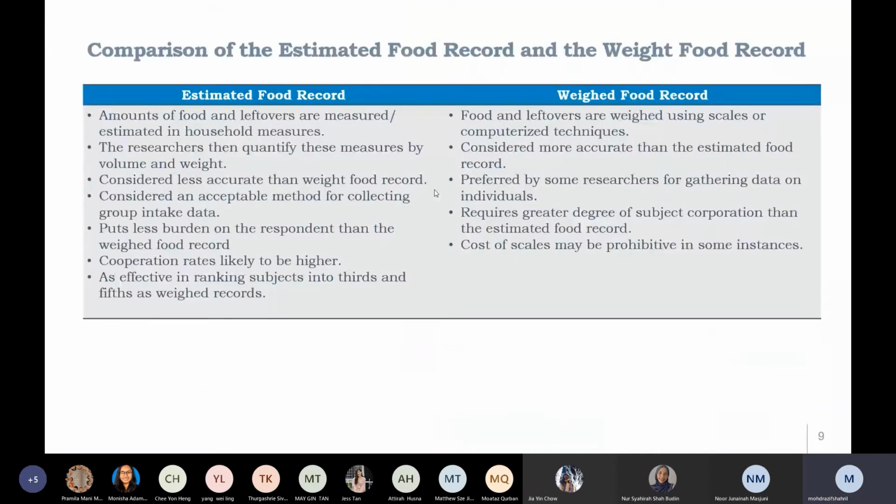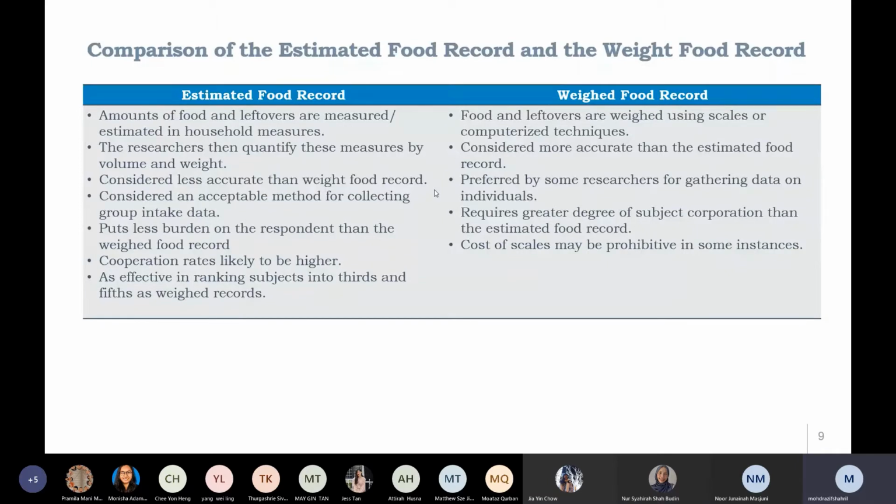So this is a comparison between estimated food record and weight food record. In estimated food record, the amount of food and leftover are measured or estimated in household measures. So we just estimate them using sendok, cawan, pinggan, okay? But in weight food record, the food and leftovers are weighed using scales or computerized techniques.